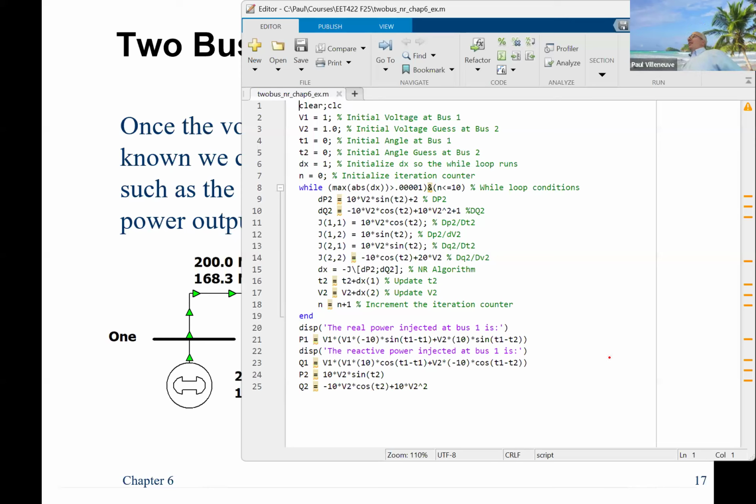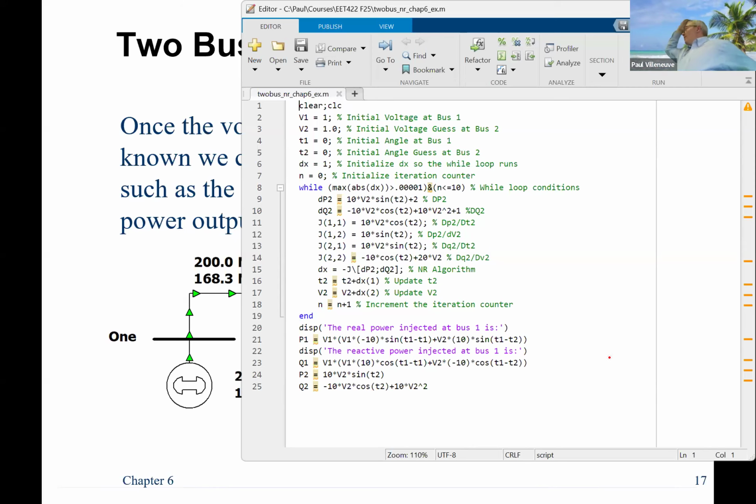While the absolute value of delta x, remember I said you want f of x to be equal to 0, but I also said if delta x is not changing all that much, you can go ahead in there. I still have my iteration counter. N is going to be less than or equal to 10. So I write my dp2 equation and dq2. Notice I didn't even check to see if those were going to be bad guesses, because they almost always are.